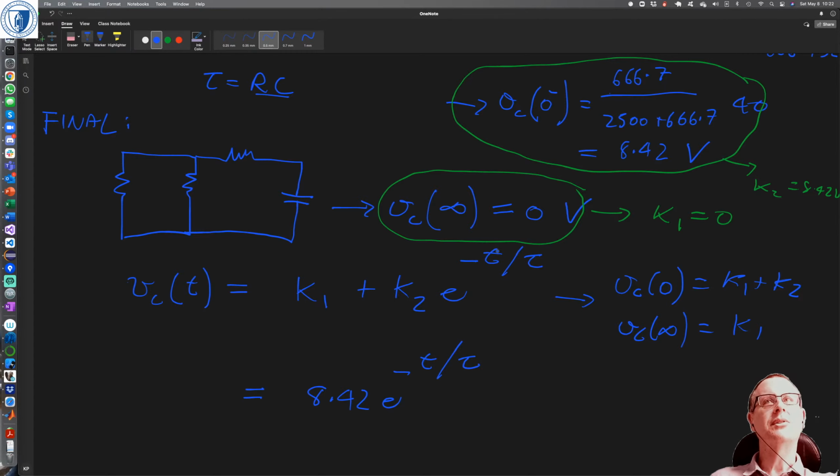Now the question is, what's tau? Tau is RC, and that R is, remember, the Thevenin equivalent resistance.